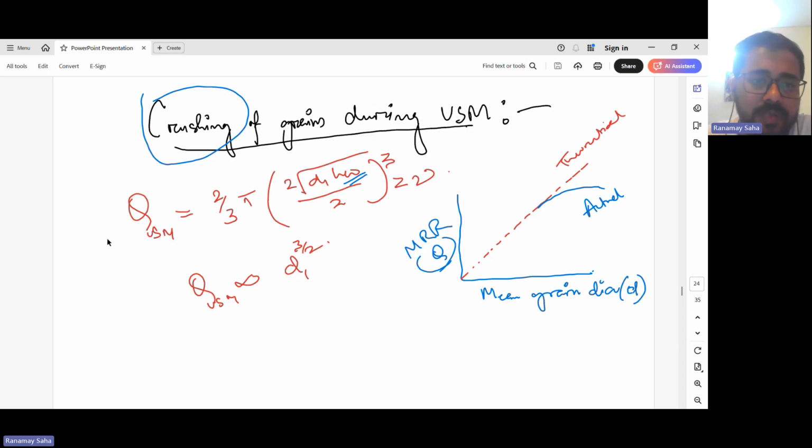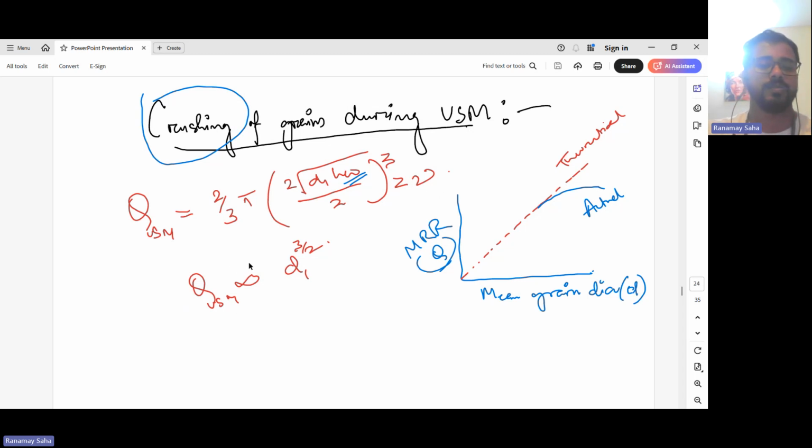Here I have given you the equation for finding the MRR in case of USM, which is 2 by 3 pi, twice the square root of d1 hw, where d1 is the effective diameter of the grain or grit and hw is the indentation height, divided by 2, the whole thing cubed, multiplied with the number of particles striking and the frequency of the machine tool.